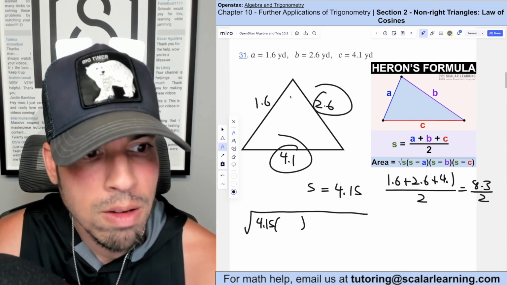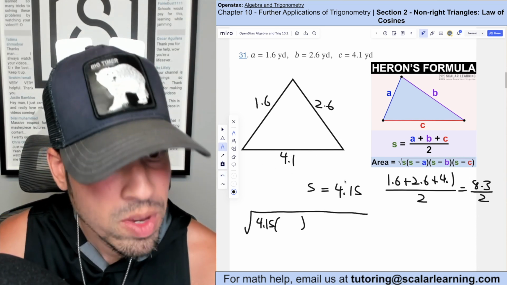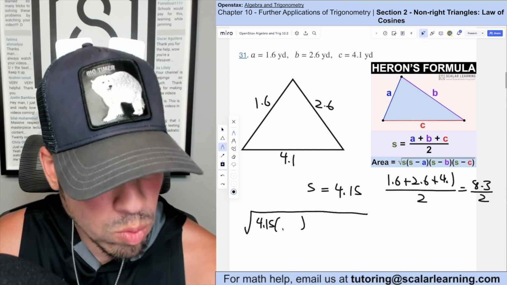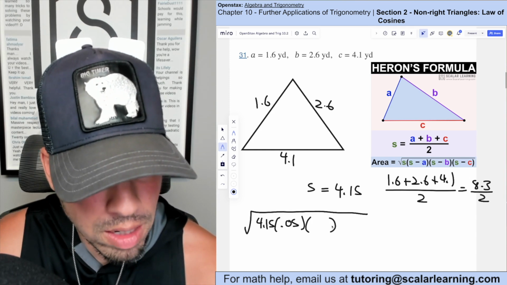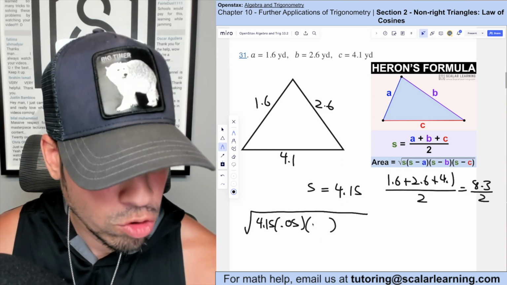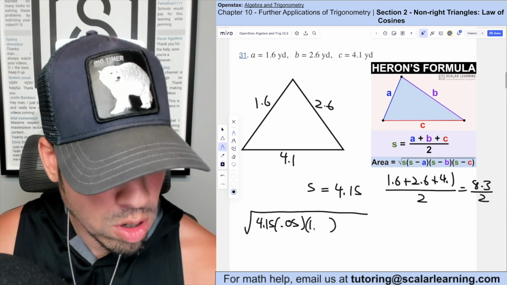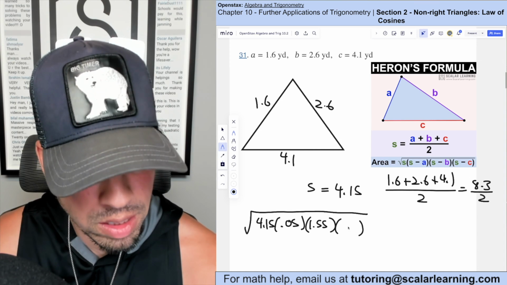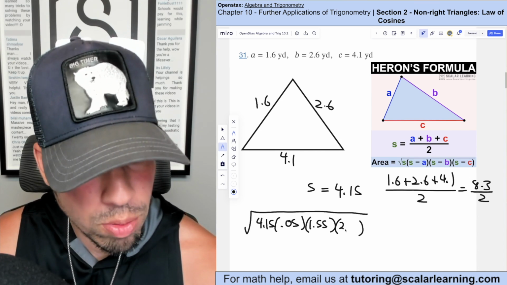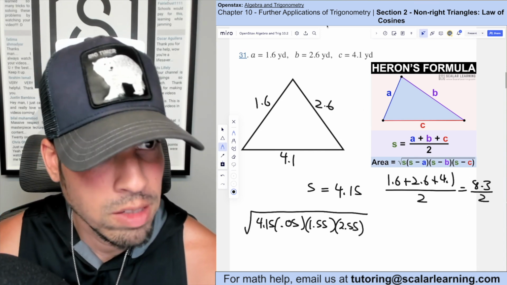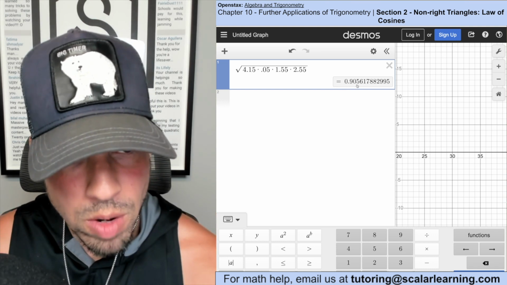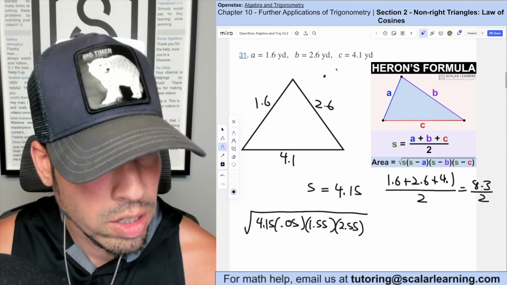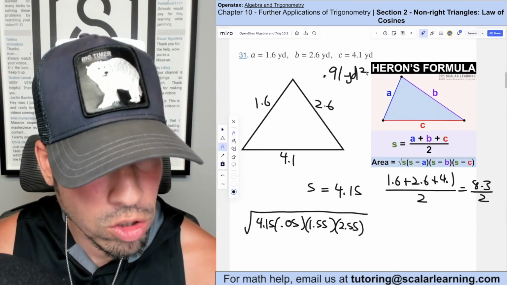This could be A, B, and C. Let's just go with that. So 4.15 minus 4.1 is 0.05 times 4.15 minus 2.6, which is 1.55. And then times 4.15 minus 1.6 is 2.55. Let's plug that into Desmos. And we get 0.91 rounded to the nearest hundredth. So the answer is 0.91 yards squared.